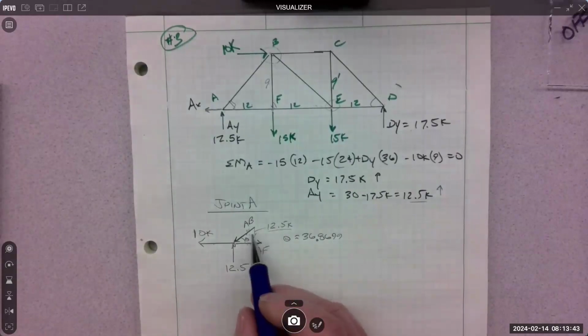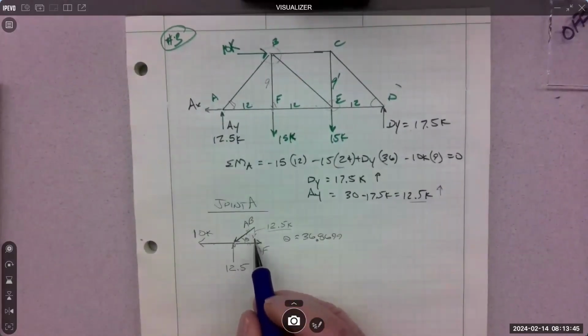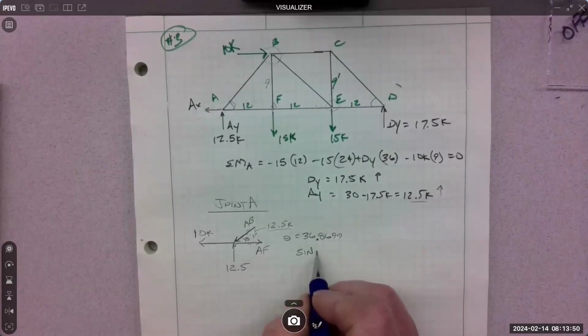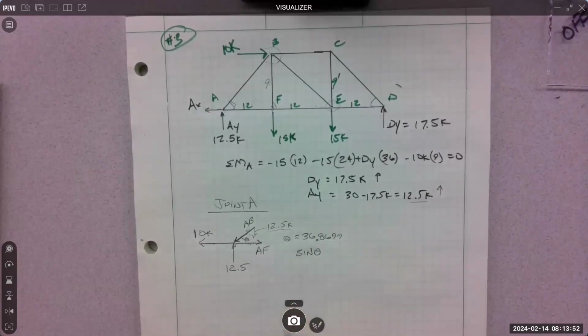All right, so here we go. I'm gonna use sine, opposite over hypotenuse, so sine of the angle. I'm just gonna write theta so I don't rewrite this thing over and over, but theta is equal to that angle.